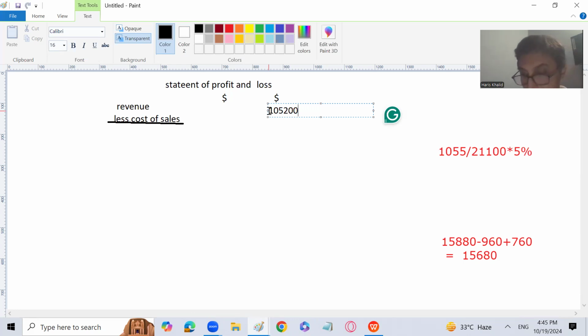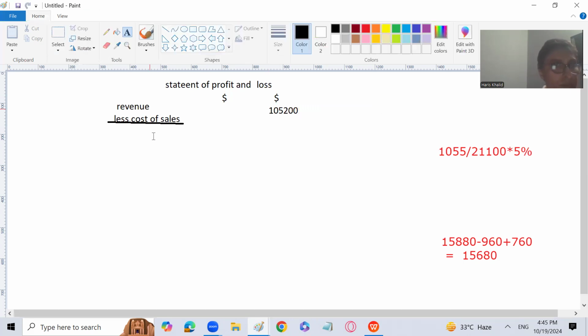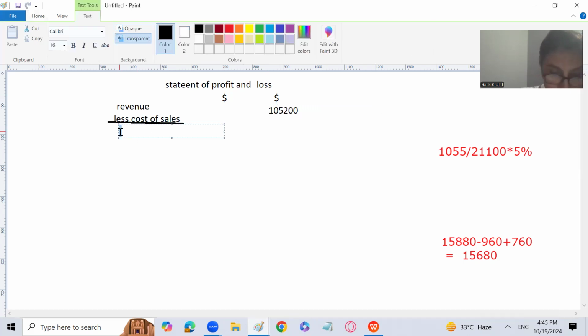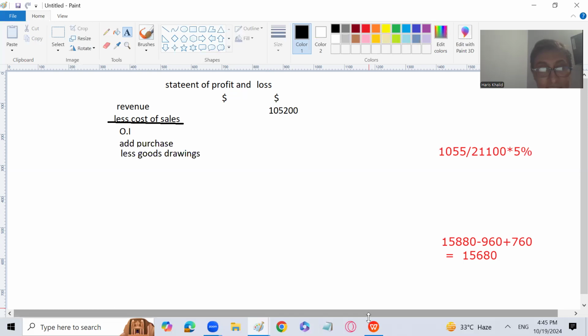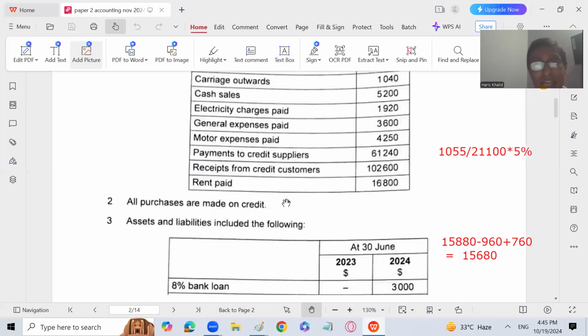Let's do it. And less cost of sales. We'll start from opening inventory. I am using the abbreviation not because I can't write it, but why spend much time with that? So add purchases, and I will subtract less purchase return, but here I will subtract goods drawing. It is better to subtract goods drawing right in the format rather than writing it in the PLC.